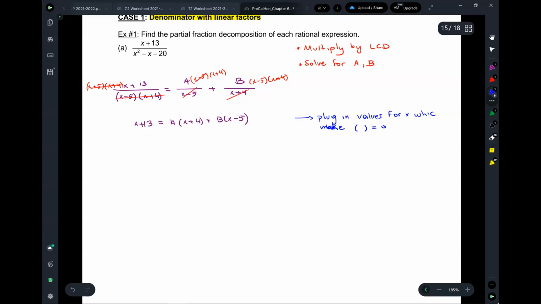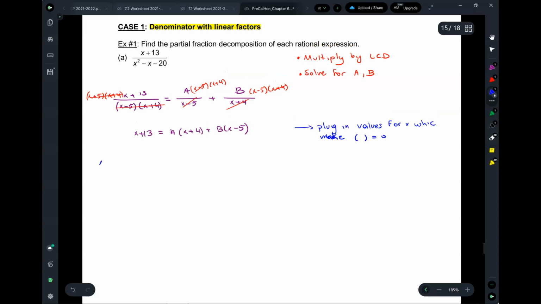So for example, here, to make the x minus 5 equal to 0, we plug in x equals 5. So let's plug in x equals 5. You're going to plug into the whole thing. So you get 5 plus 13 equal to A times 9 plus B times 0. So you see how the 0 goes away? 9A is equal to 18. So A is equal to 2.